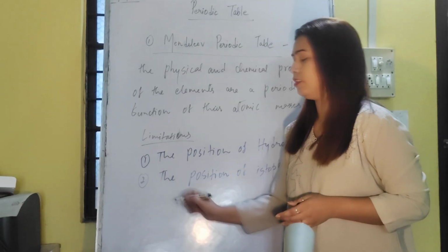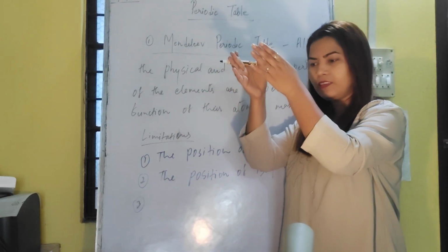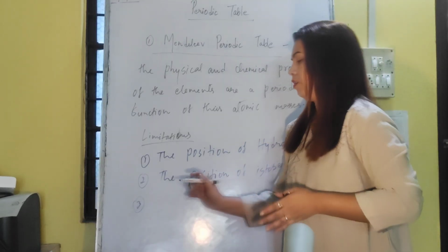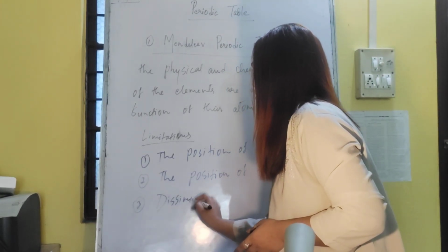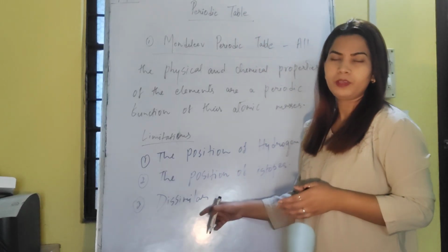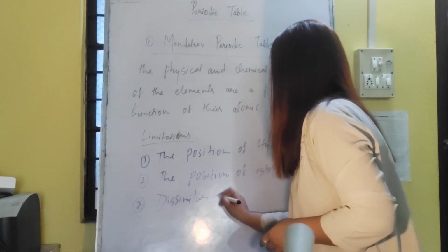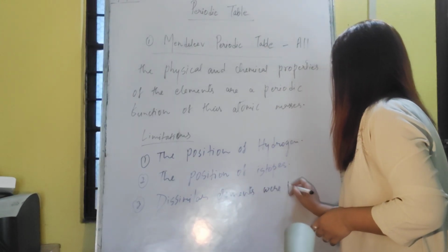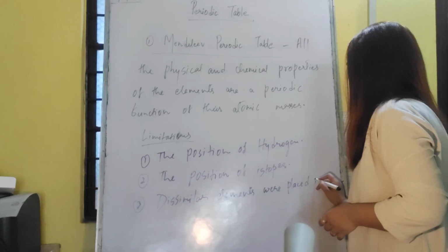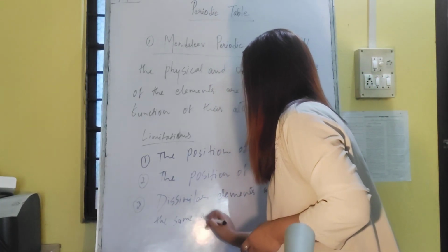And coming to the third limitation, a lot of dissimilar elements were placed in the same group. Dissimilar elements means the elements which have different properties were placed in the same group.